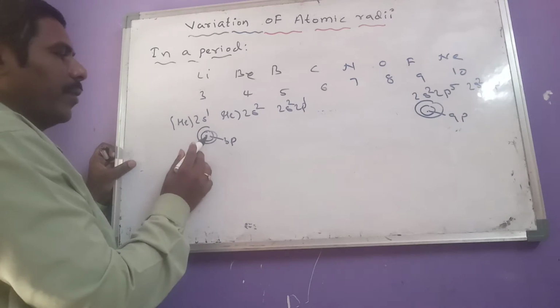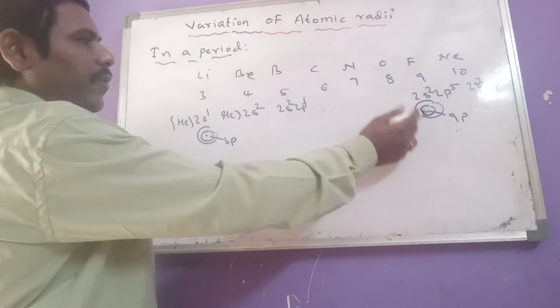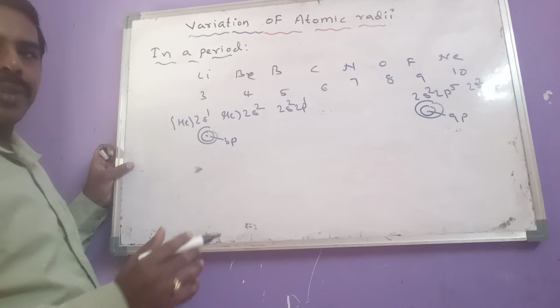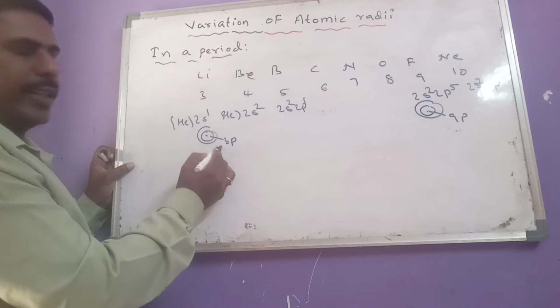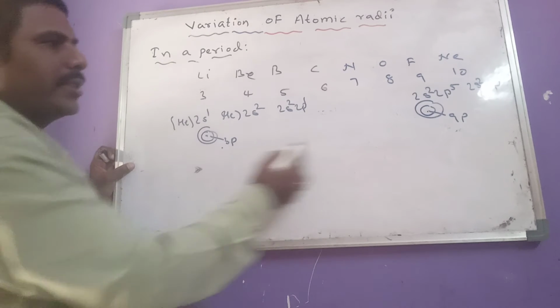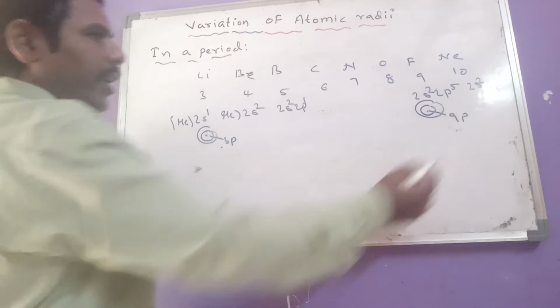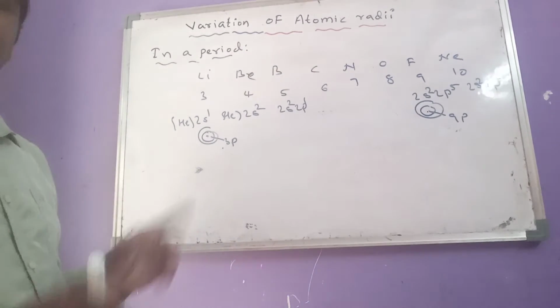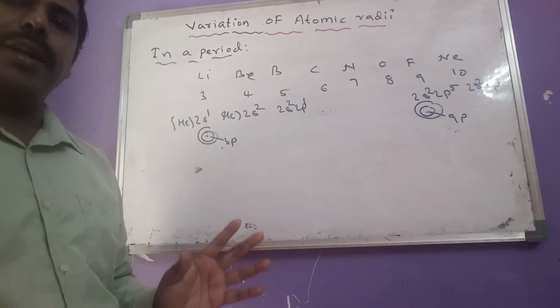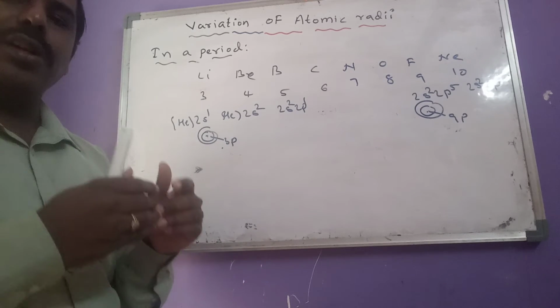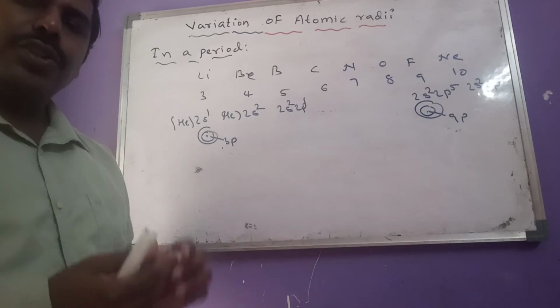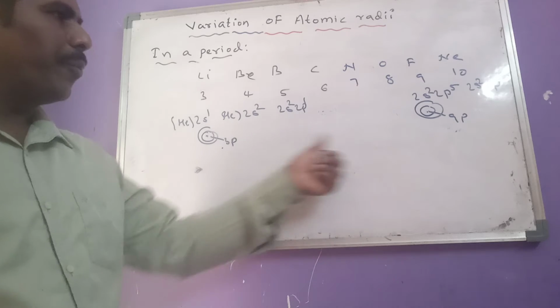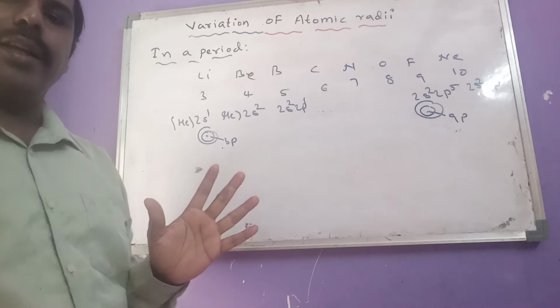That means from the nucleus, the distance of the outer orbit remained same. But in lithium there are 3 protons, whereas in fluorine there are 9 protons. That means from left to right in a period, nuclear charge increases. Nuclear charge means the number of protons present in the nucleus.